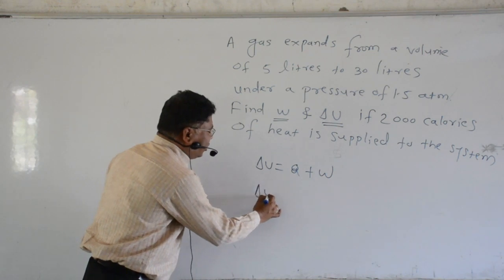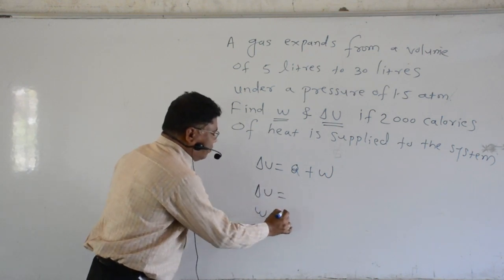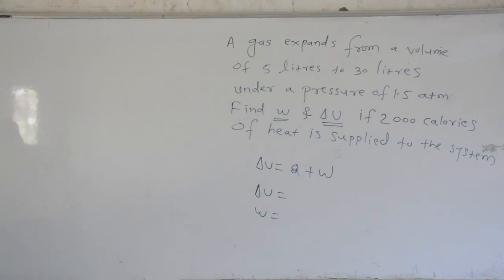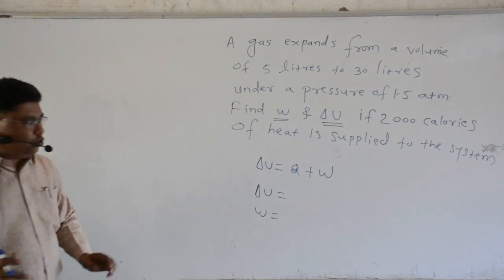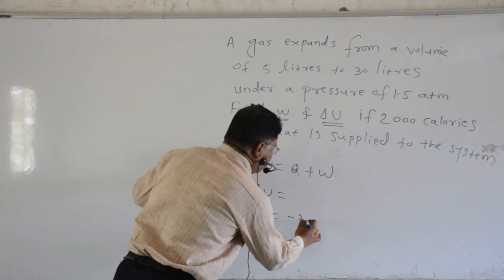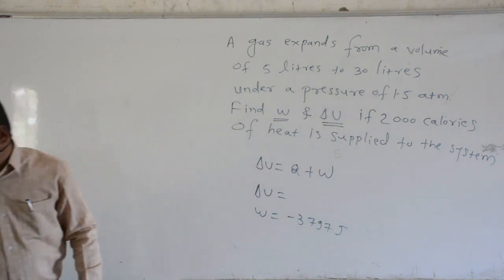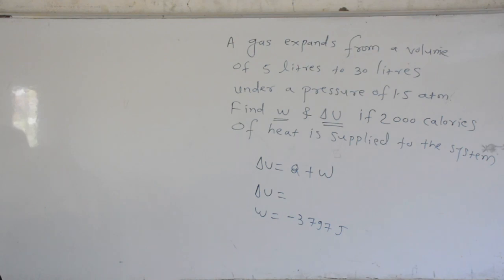The value of W is equal to minus 3797 joule, and the value of delta U is 4571 joule.